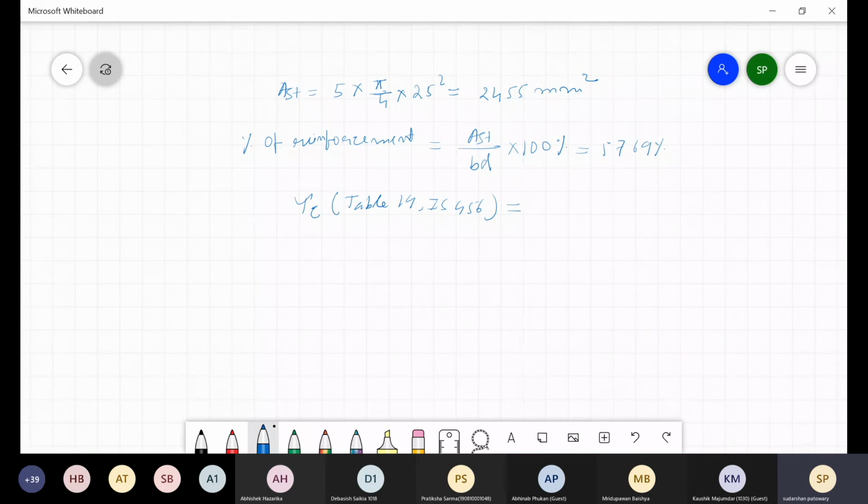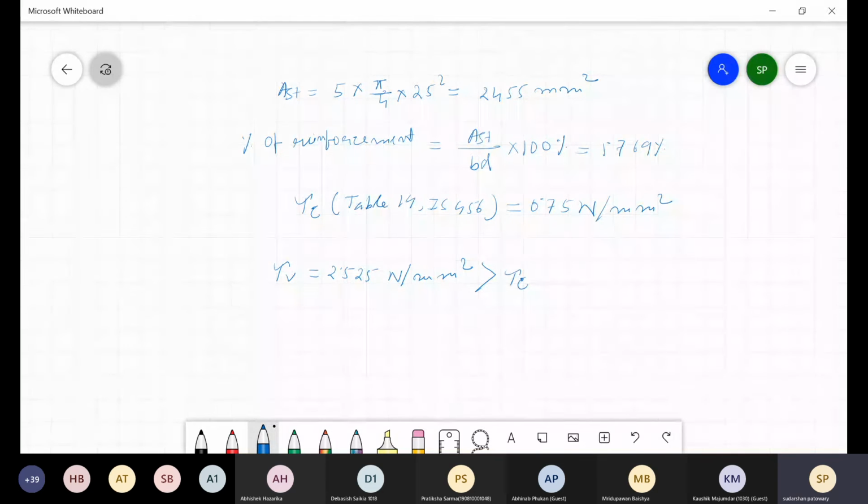It is 0.75 Newton per mm square. But our calculated tau v is how much? Tau v is equal to 2.525, which is greater than tau c.